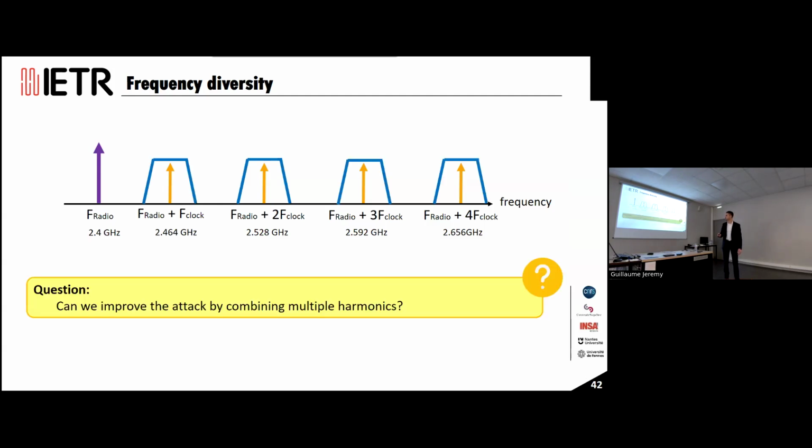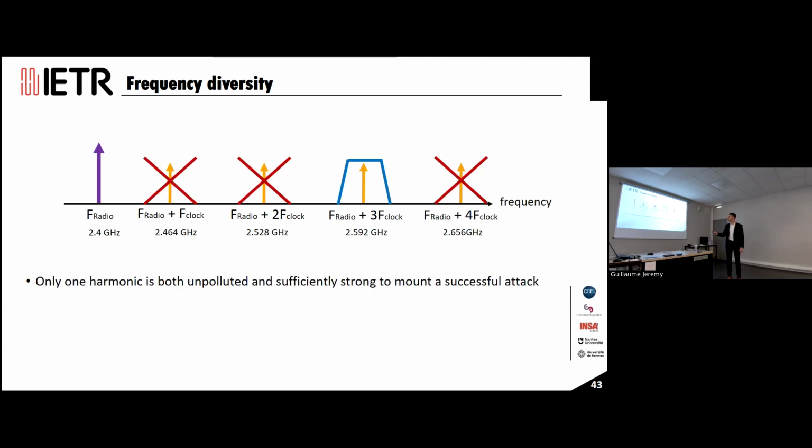Then we have the question: what happens if we collect the leakage at different frequencies and we try to combine them together? Could we improve the attack performance? So we performed an experiment where we collected the leakage at the 4th harmonic, and we collected the leakage at a distance. And what happened is the first two frequencies were too polluted to have a successful attack, and the fourth one was too weak.